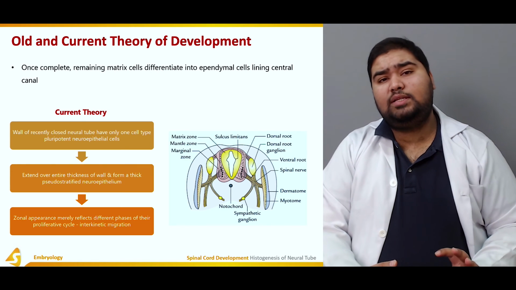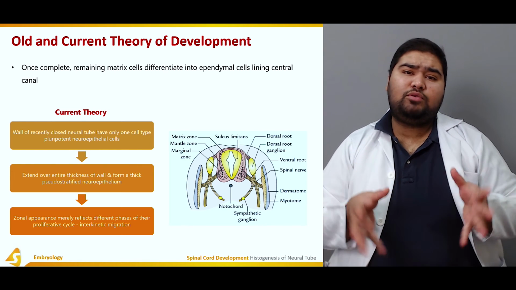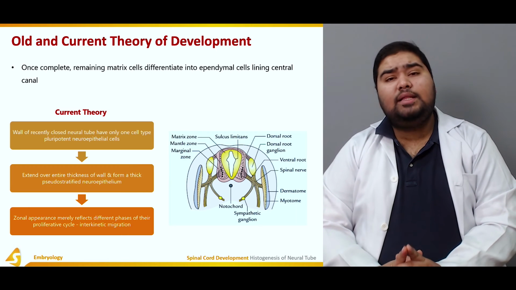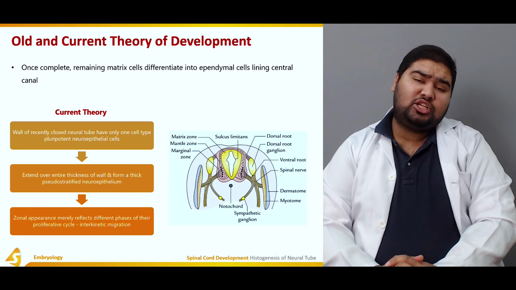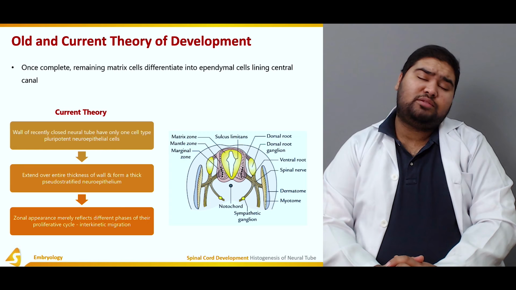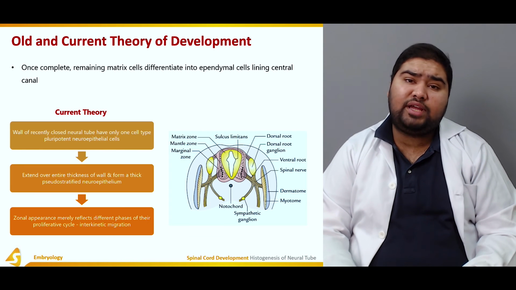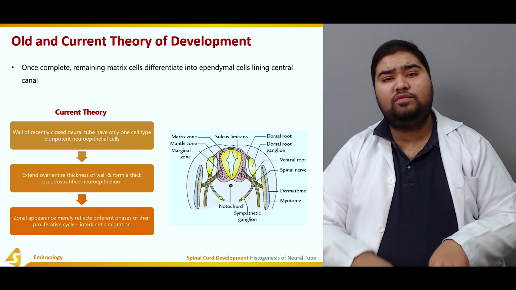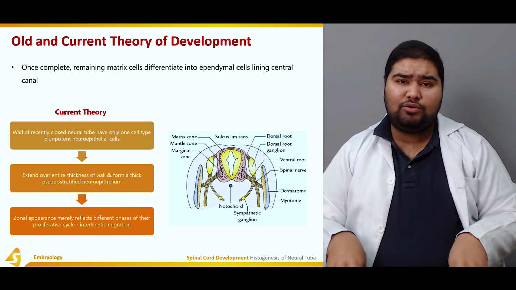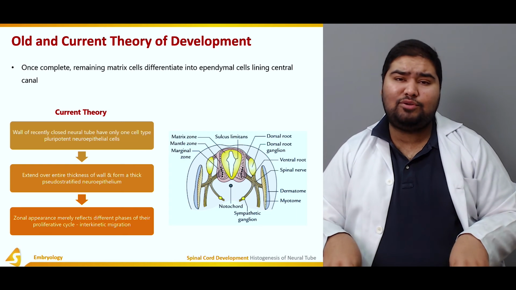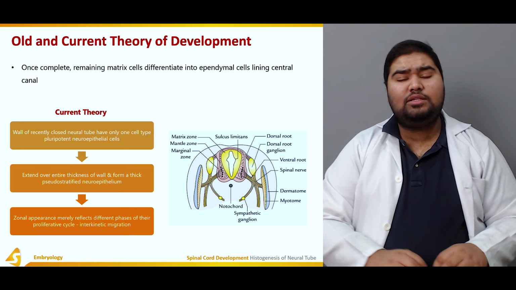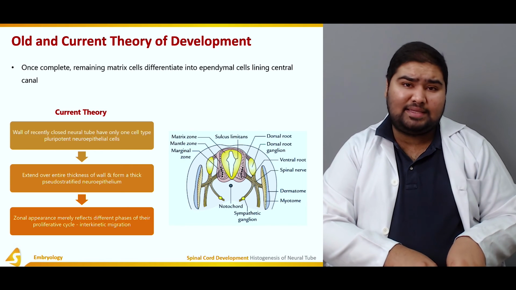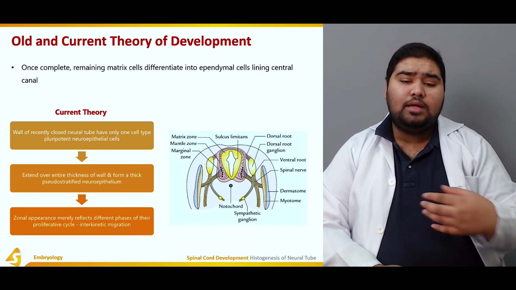So according to this new theory, when the neural tube is formed, it consists of only one type of cells. These cells are pluripotent, meaning they can give rise to a variety of cells. So these pluripotent cells first form the neuroblast and the neuroglia. These neuroblasts and the neuroglia then move to the mantle zone and leave the cell bodies there, and then the axons enter the marginal zone.